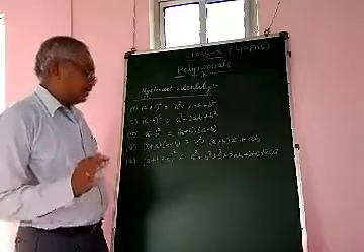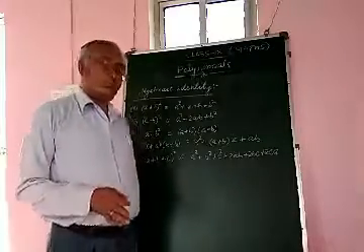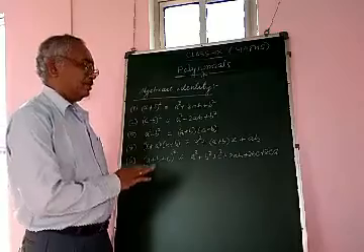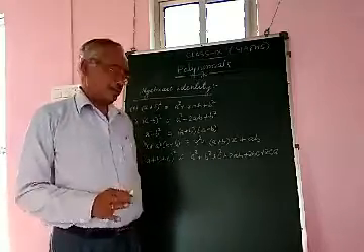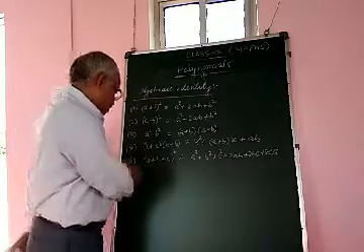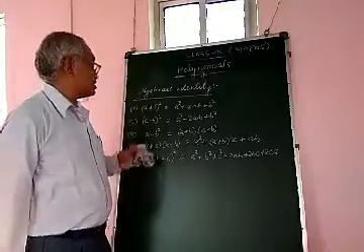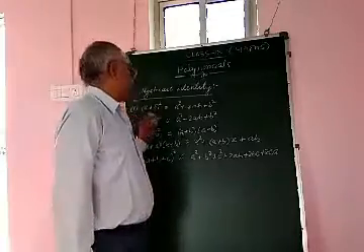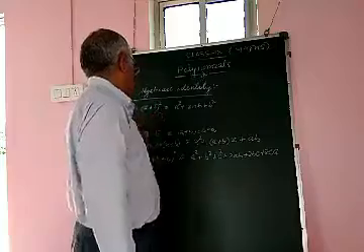I want to repeat again one by one. The first identity is a plus b whole square.